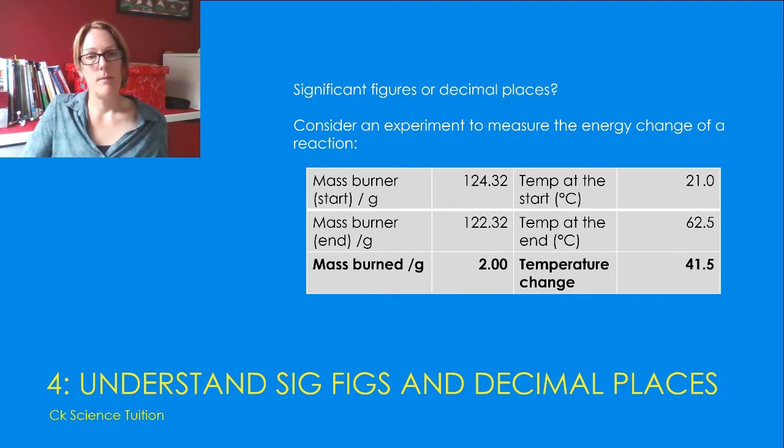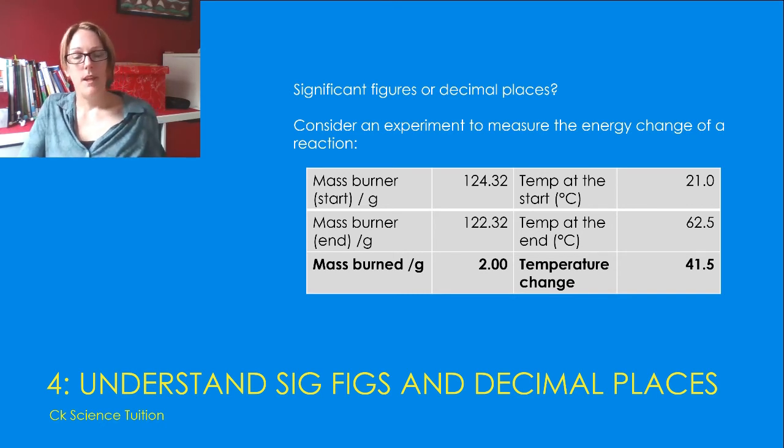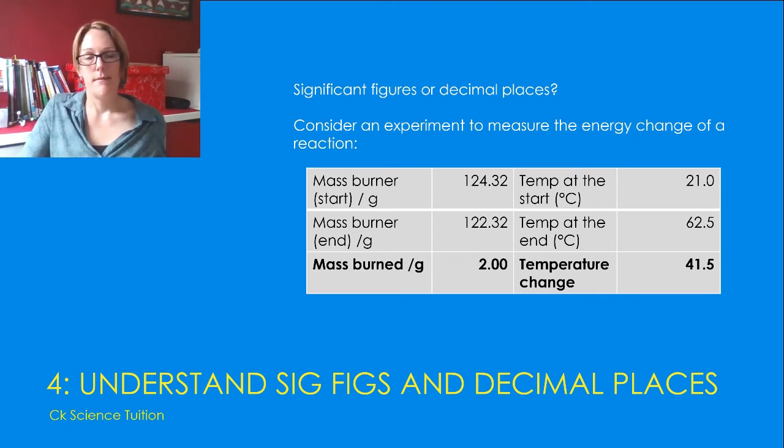But that's not the number that we're using in our calculation. We're using the mass burned. So it wouldn't make sense to record the mass burned to 5 significant figures just because that's what the burner is recorded to. I wouldn't write 2.0000 because my balance doesn't read any more than 2 decimal places.